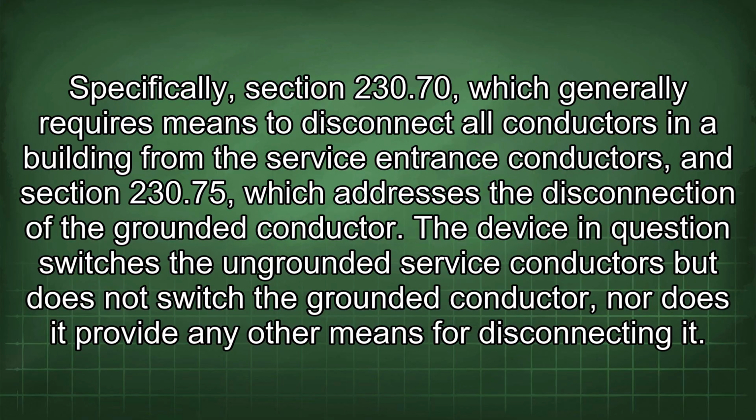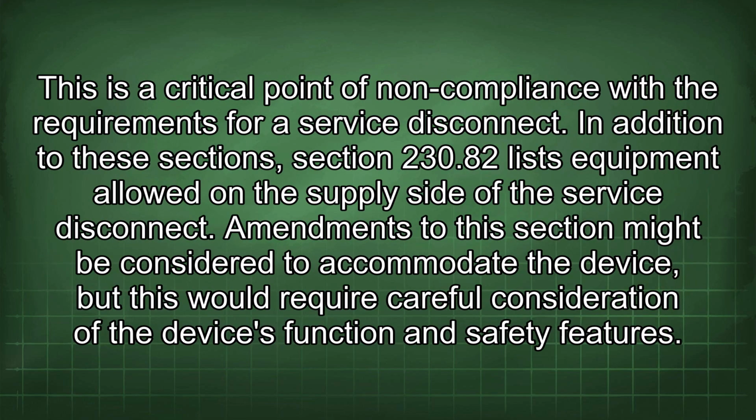The device in question switches the ungrounded service conductors but does not switch the grounded conductor, nor does it provide any other means for disconnecting it. This is a critical point of non-compliance with the requirements for a service disconnect. In addition to these sections, Section 230.82 lists equipment allowed on the supply side of the service disconnect.